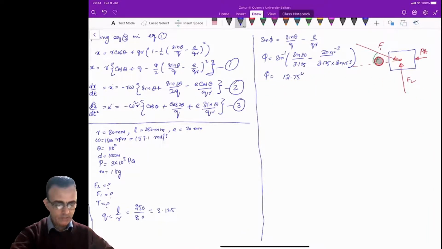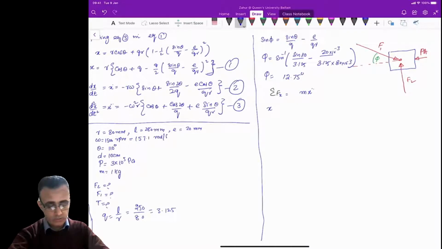Okay, so now we can use the equilibrium equation. First is that summation of all the forces in x direction equal to m x double dot. This means that we need to calculate x double dot here, which is the acceleration when theta is equal to 110 degrees.